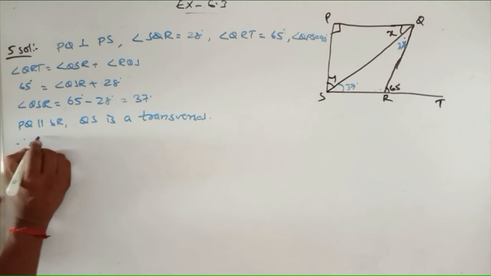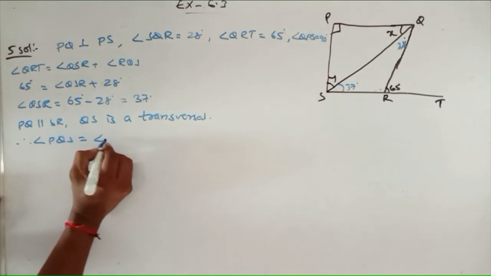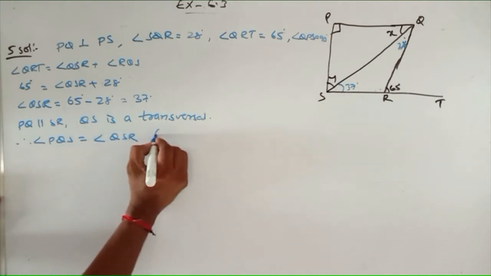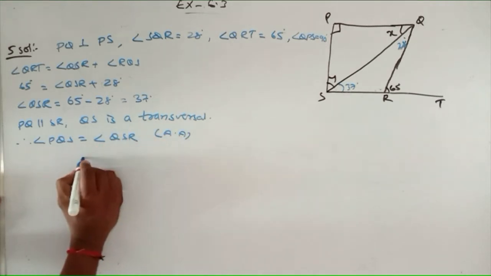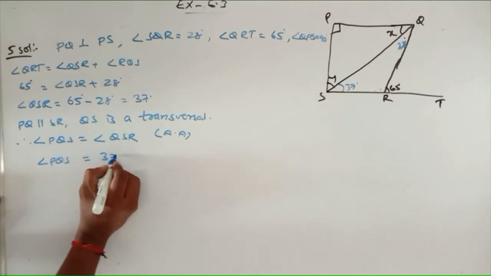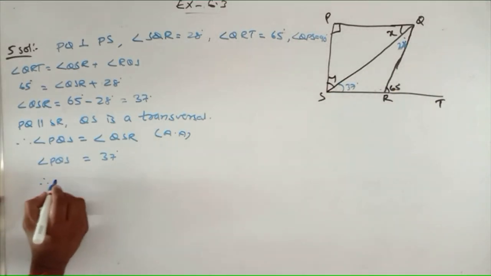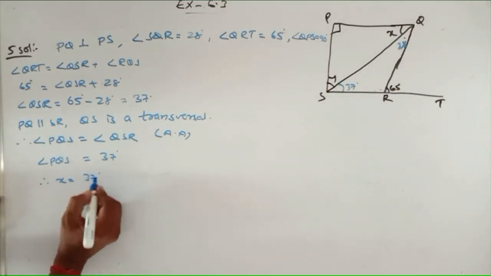So therefore angle PQS is equal to angle QSR because these are alternate angles. So angle PQS is equal to QSR, which is 37 degrees. That is, angle PQS value is X. X is equal to 37 degrees.